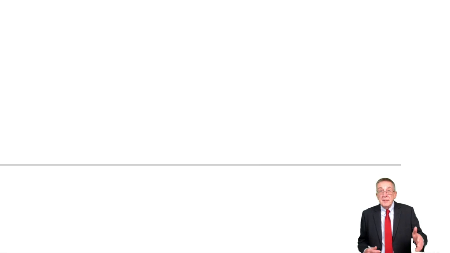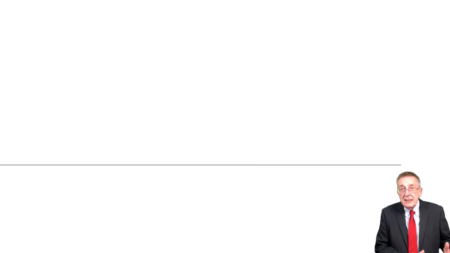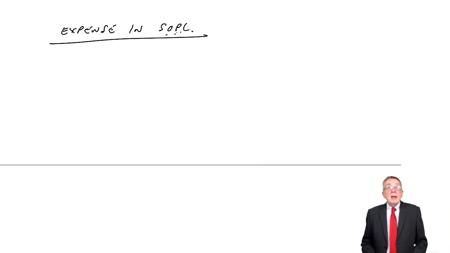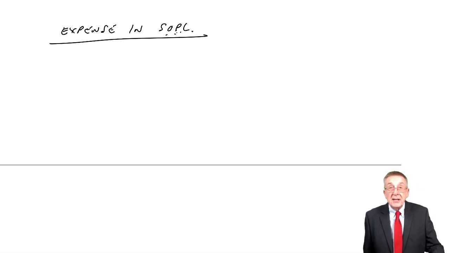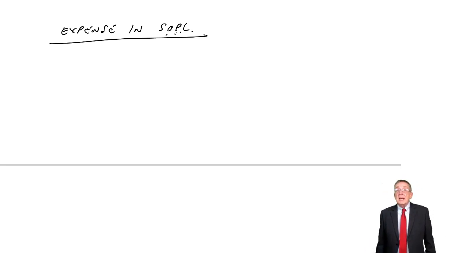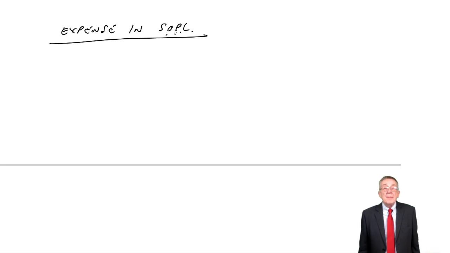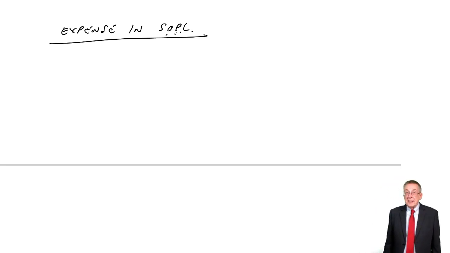But I haven't wasted your time because understanding each bit of it can be tested. But the majority of questions in the exam want to know what the expense is in the statement of profit or loss. They don't ask for the debits, credits. They give you information about what's happened, and they simply want to know what's the total expense.